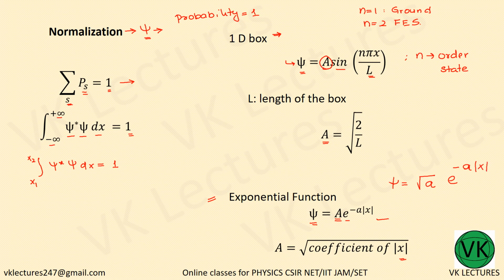So this is the normalization constant for the exponential function, and for the 1D box it is root of 2 by L, where L is the length of the box.